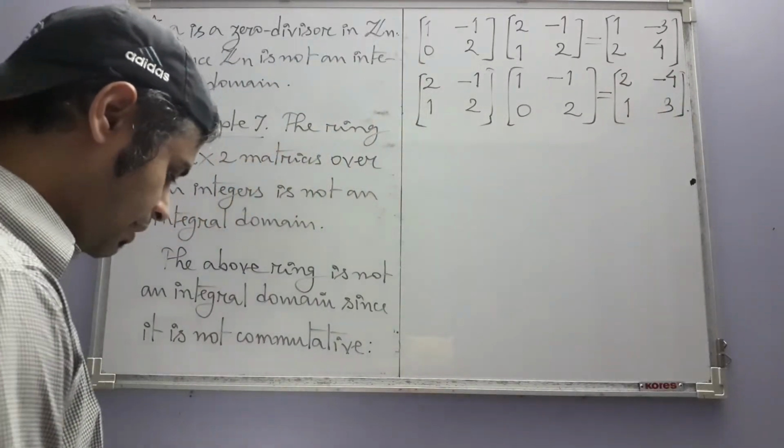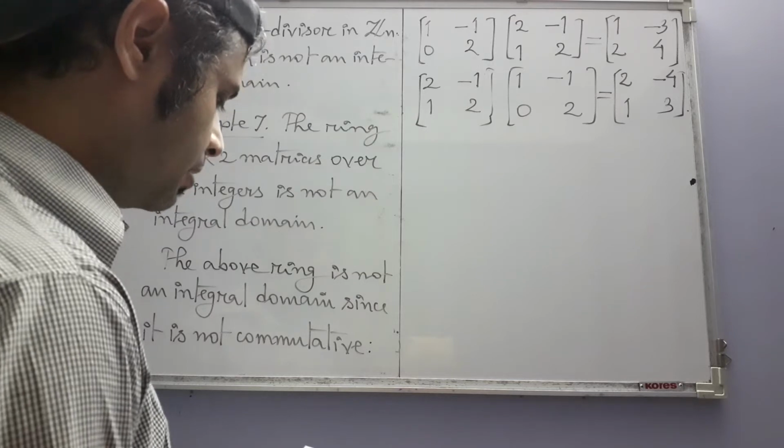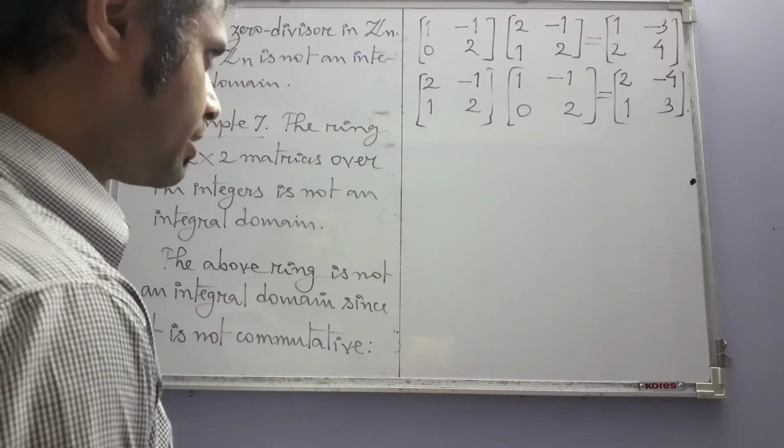I have them calculated here also, so let me just see. 1 minus 3, 2 4, and 2 minus 4, 1 3.